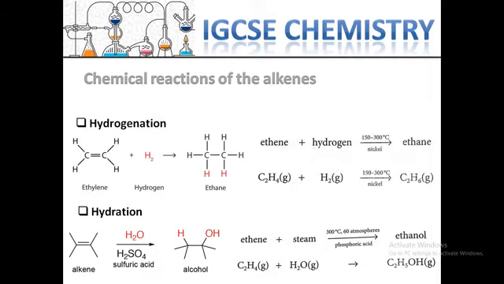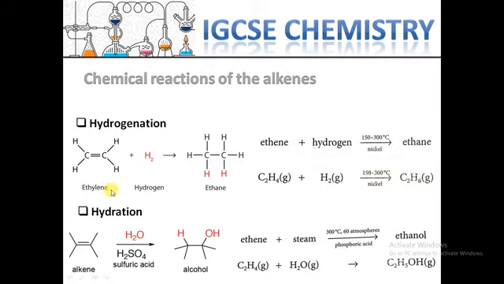Then the next example is hydrogenation. Instead of a halogen atom, if we have hydrogen gas, that would be the same reaction. Hydrogen can saturate the alkenes. We have double bonds, and the example here is ethylene.